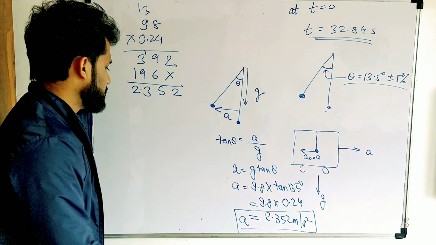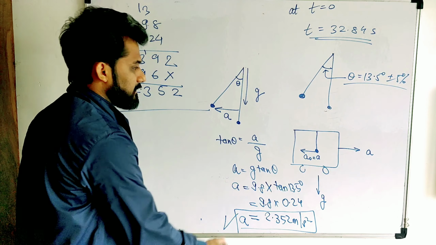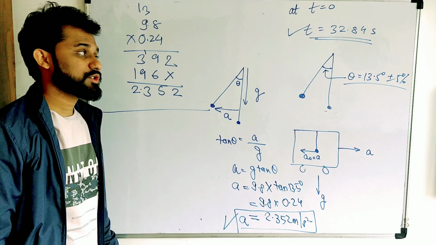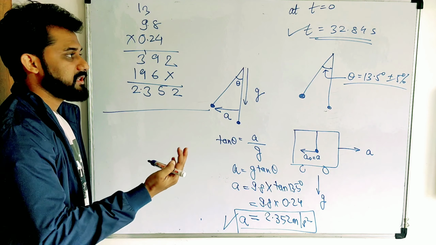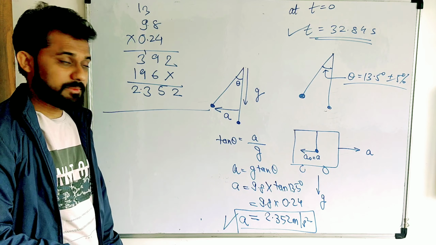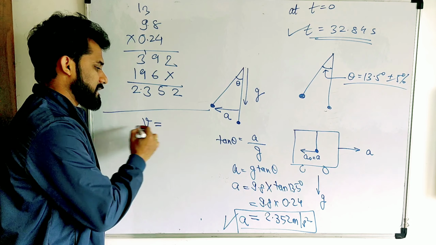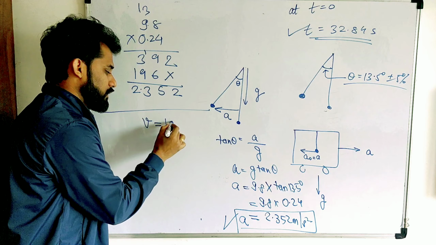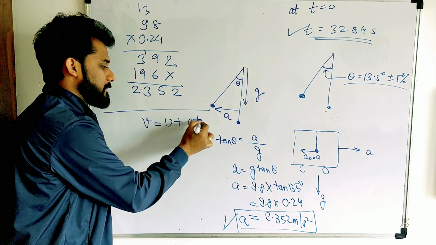So the acceleration of the aircraft we have calculated, and it accelerated for 32.84 seconds. So what will be its takeoff speed? We simply need kinematical equation number 1, since the acceleration is constant: v equals u plus at.